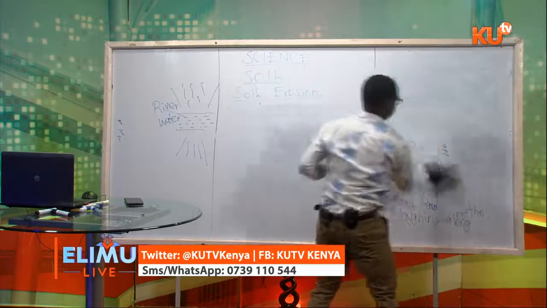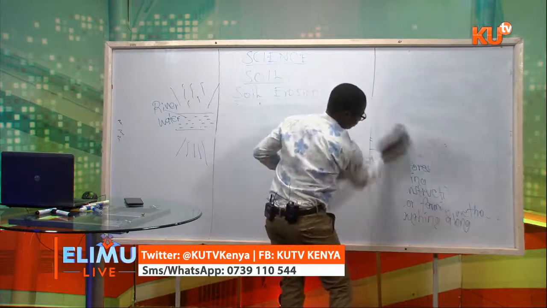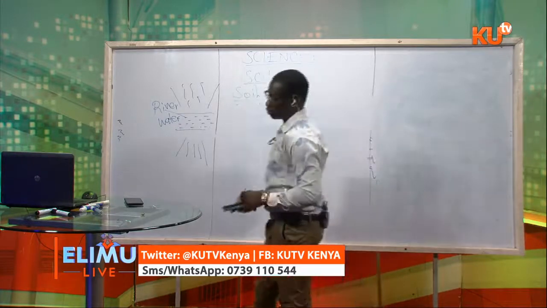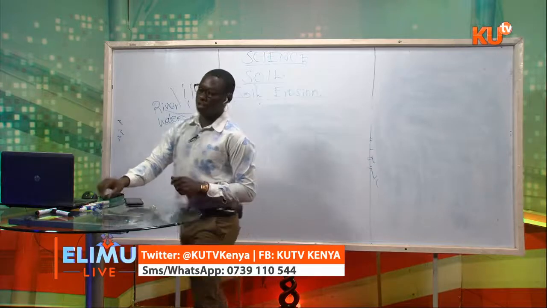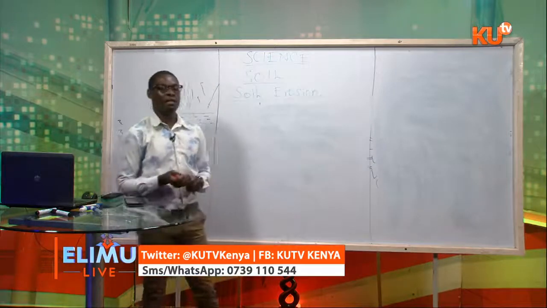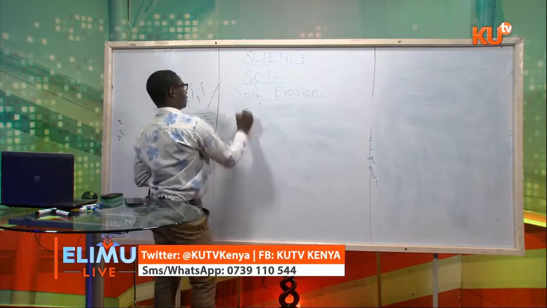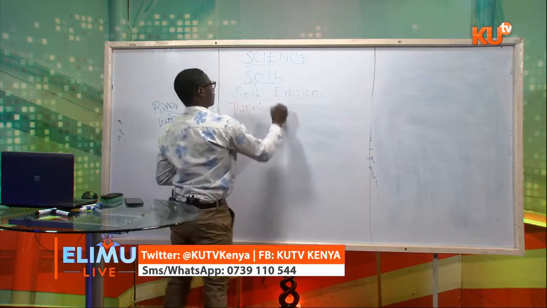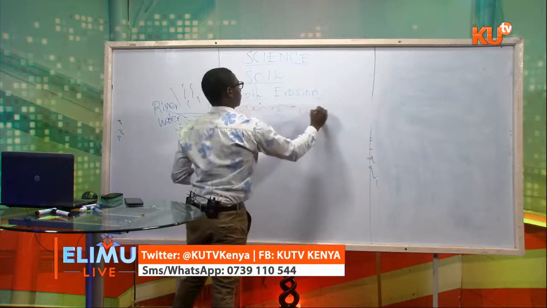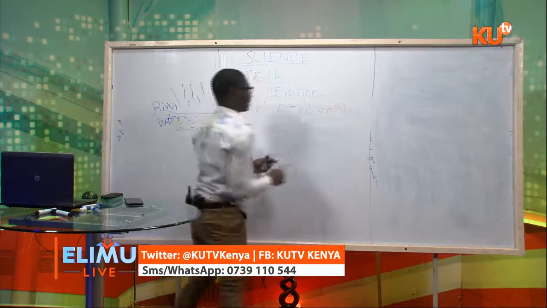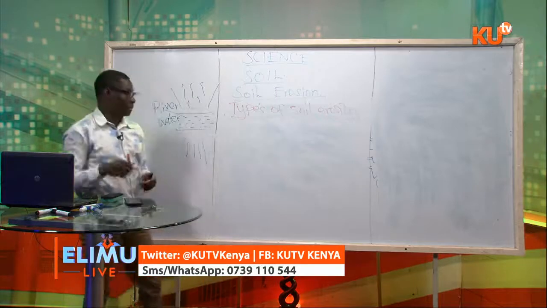So we have 4 types of soil erosion that usually occur. I want to list them, then explain later.